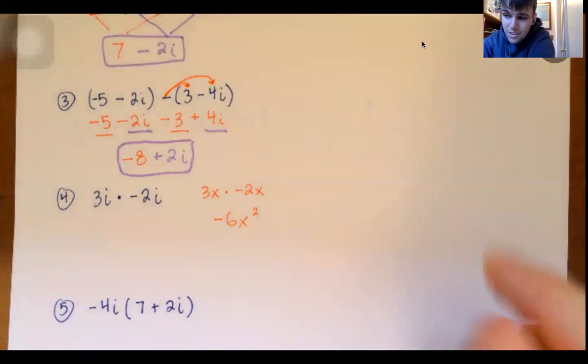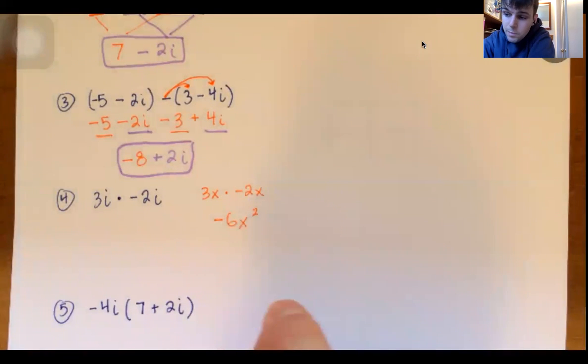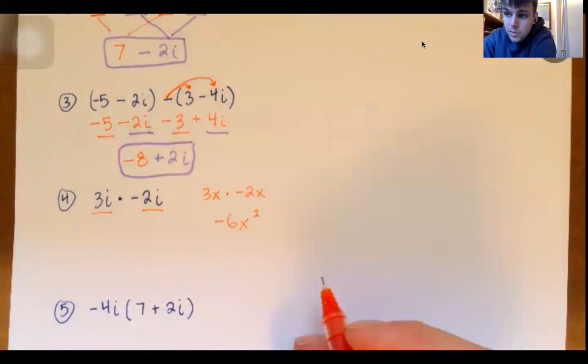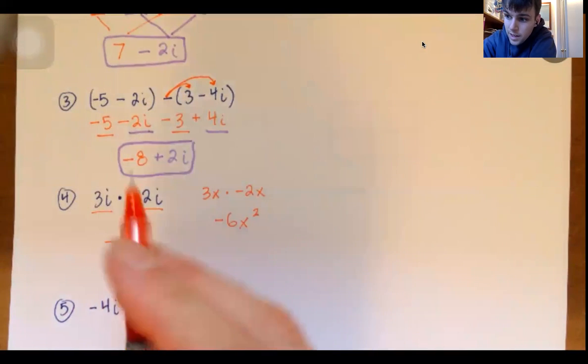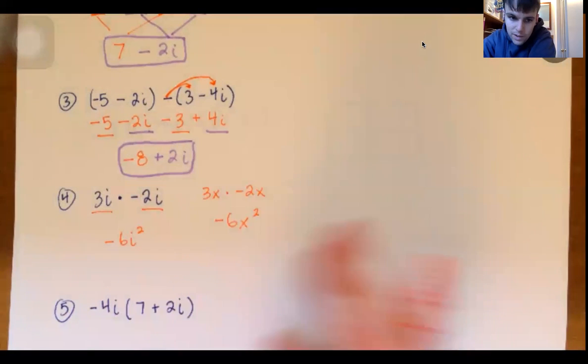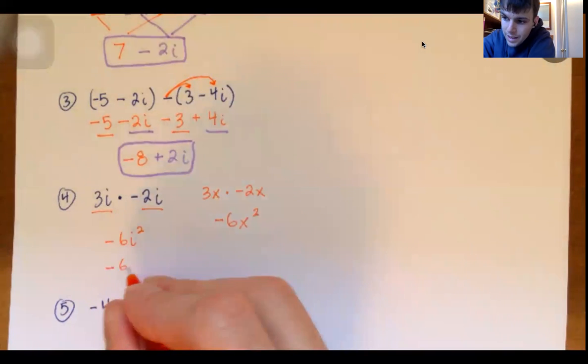I have to take this one a step further than that because i is not a variable. It is a number. And when I raise it to a power, something happens. So here we do 3 times negative 2, we get negative 6. i times i gives us i squared. If you've watched the previous video, anytime we end up with i squared, we get negative 1.